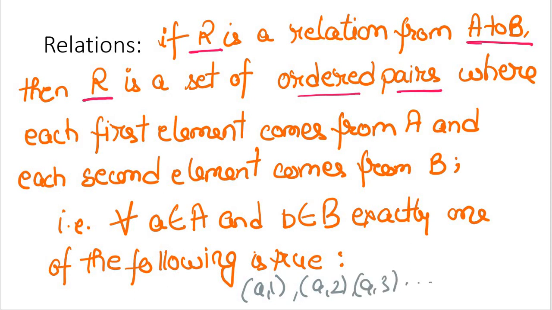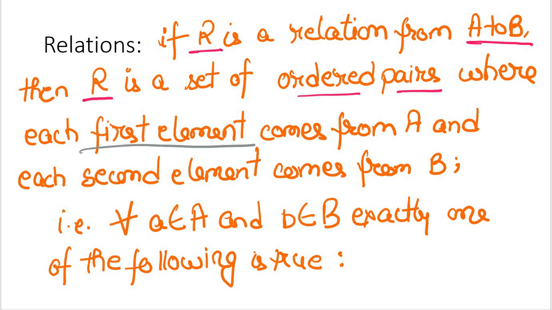Each first element, which is a, would come from this set capital A, and each second element 1, 2, 3 will come from this set B. So R will be nothing but a set having ordered pairs where each first element will come from A and each second element will come from B.